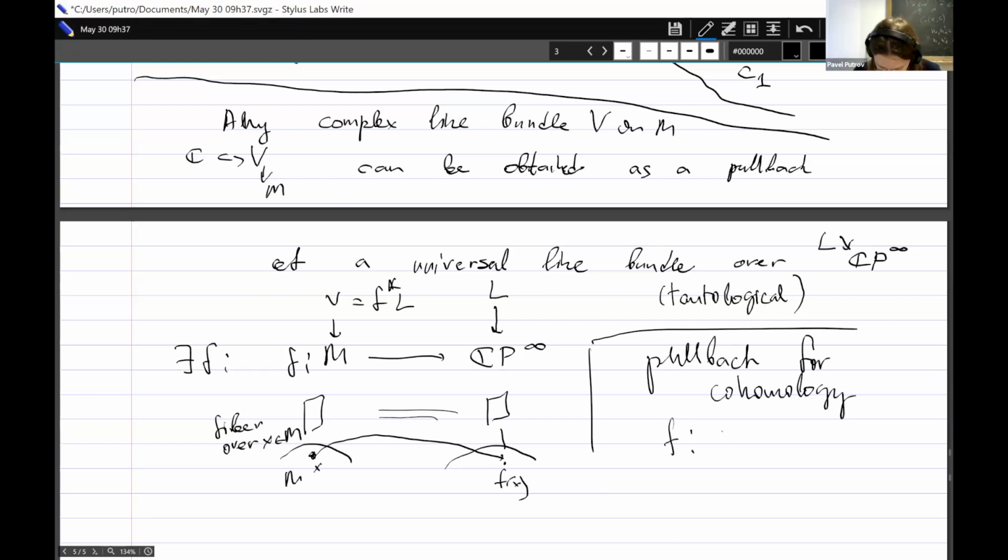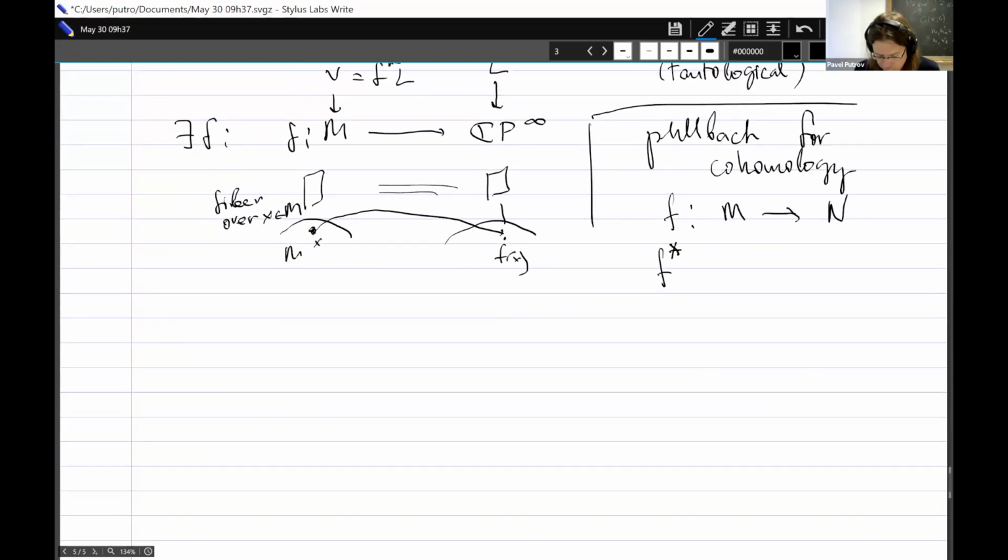In general, if we have a map F from M to N, this defines a canonical map F upper star, which is similar to the pushforward map we considered for homology groups, from H^n of N to H^n of M. The way to do this is that you take a class of A and compose it with F star, which means the following.